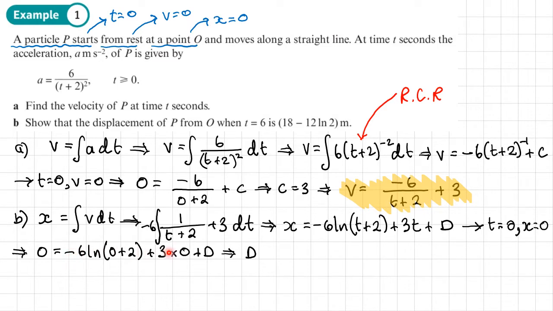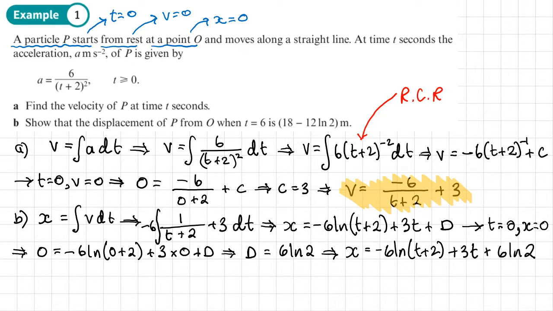So we've basically got 0 equals -6 log 2, so D has to equal +6 log 2. So now my full expression for the displacement is -6 log t plus 2 plus 3t plus 6 log 2.